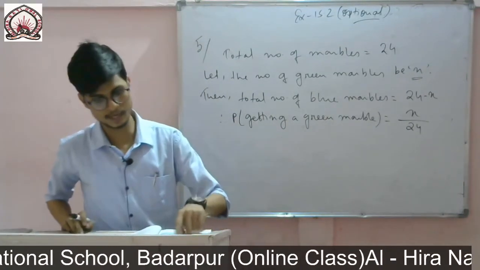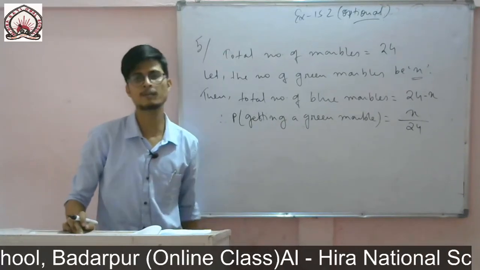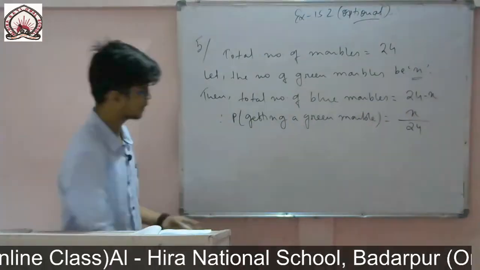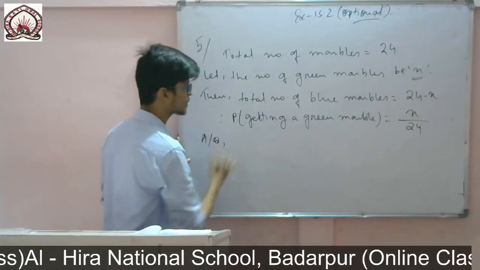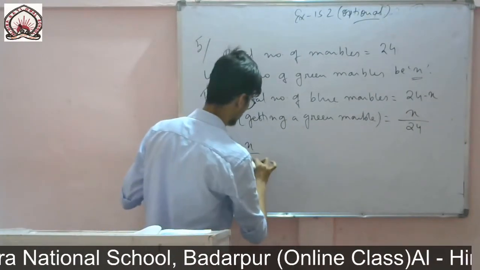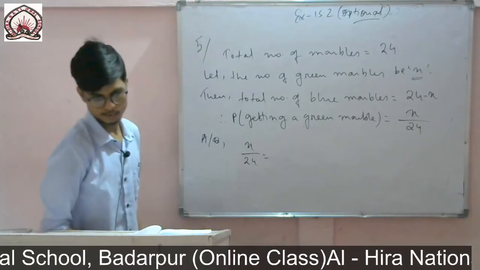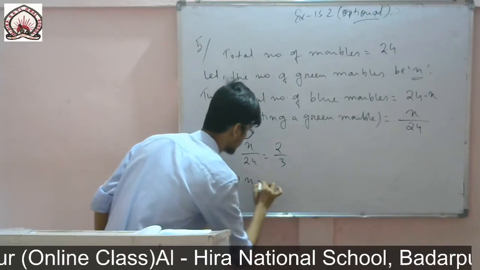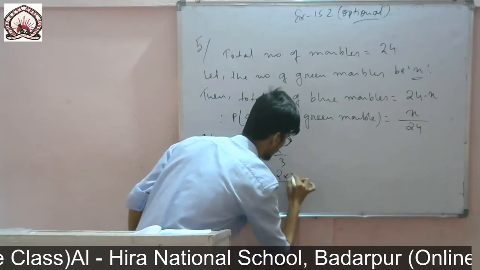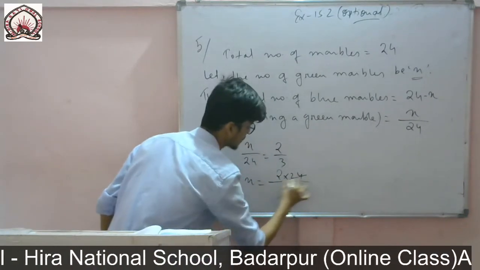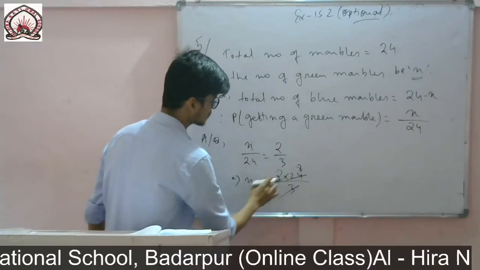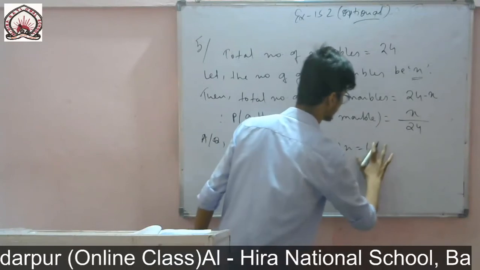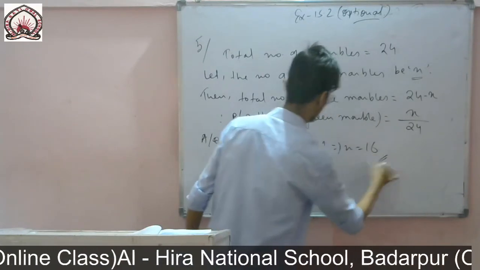But now you see in the question it is given that the probability of a green marble is 2 by 3. So comparing that, I can find the value. So you write, according to the question, x by 24 equals 2 by 3. Implies x equals 2 into 24 divided by 3. 3 8s are 24. 8 2s are 16. So the value of x is 16.